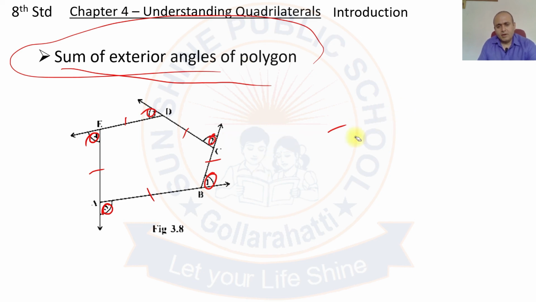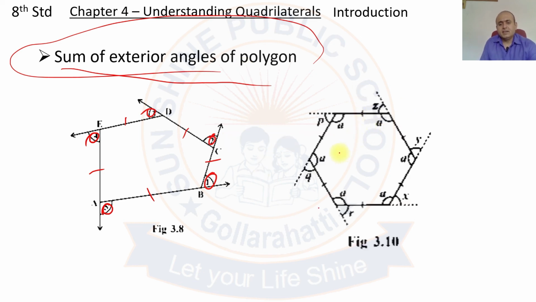And in one more diagram I am taking a hexagon, and here also the exterior angles are 1, 2, 3, 4, 5, 6. The sum of all exterior angles of a hexagon will also be equal to 360 degrees. You can take any polygon. The exterior angles of a polygon will be one and only 360 degrees.